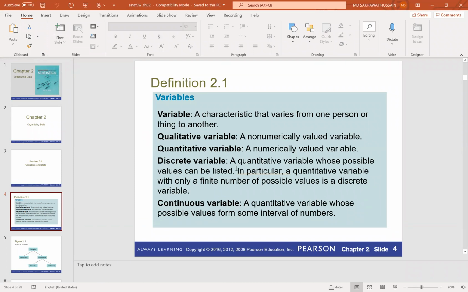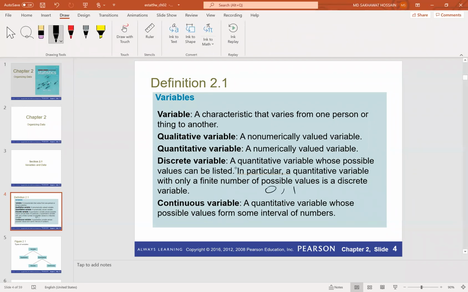For example, the number of children in a family: we can list them. It could be 0, 1, 2, 3, 4, 5, 6, or more than 6.